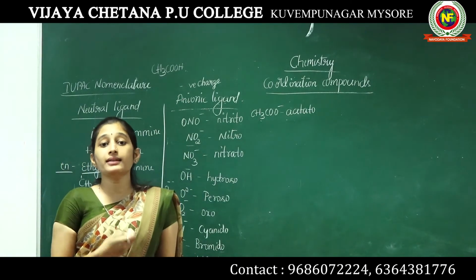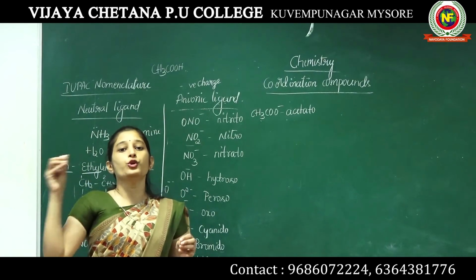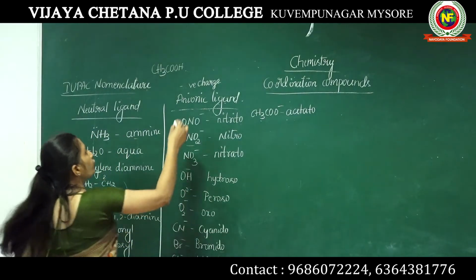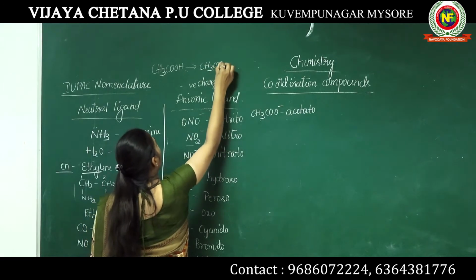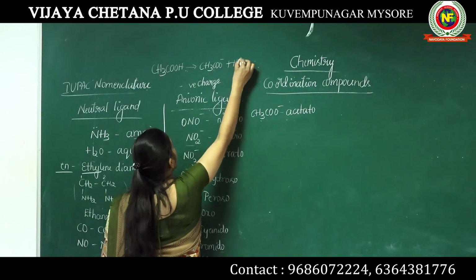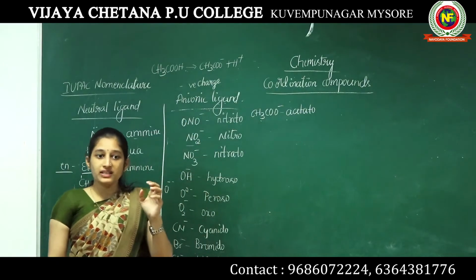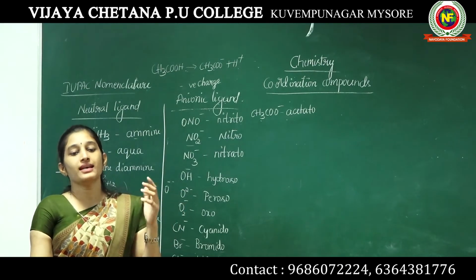CH3COOH is an acid. What is the characteristic of an acid? Any species that donates H plus, we call it an acid. Here also it will donate H plus, giving CH3COO minus and H plus. Once any species donates H plus, we treat such species as an acid.